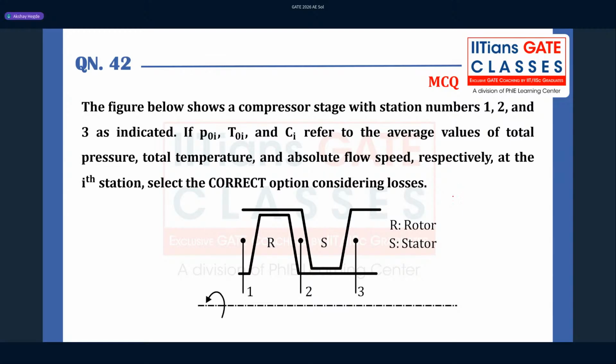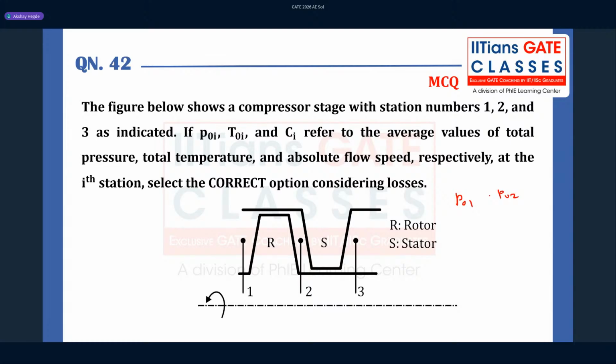So that means, let me call P01 and P02 across the rotor the total pressure. We know that when we add energy to the fluid, we are going to increase the total pressure of the system because it's assumed to be adiabatic, right?